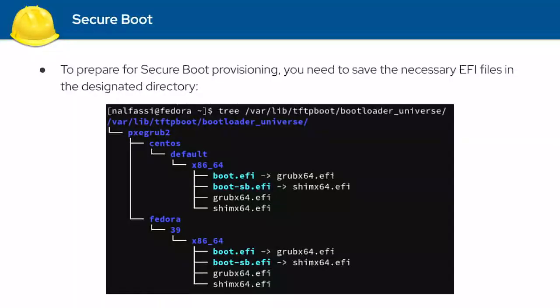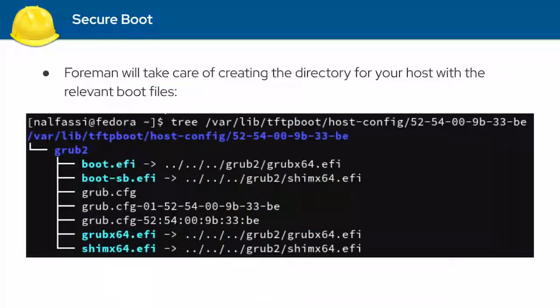Then Foreman will take care of creating a new directory for your specific host with the necessary boot files. Behind the scenes, the DHCP server will have to retrieve these grub and shim files from this specific location for the host you're creating. And I think that's it.